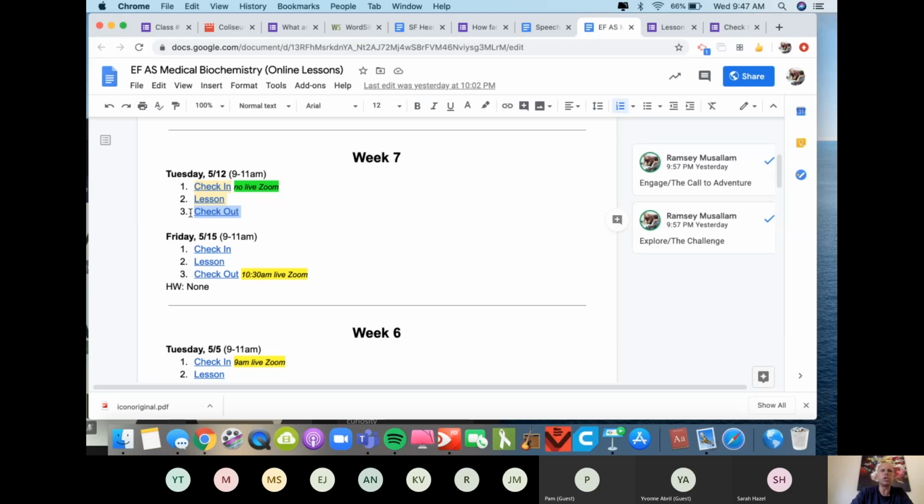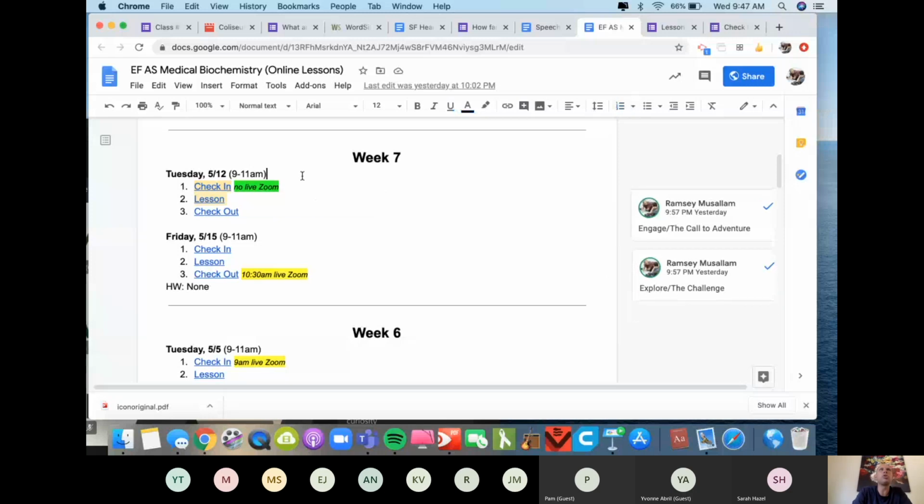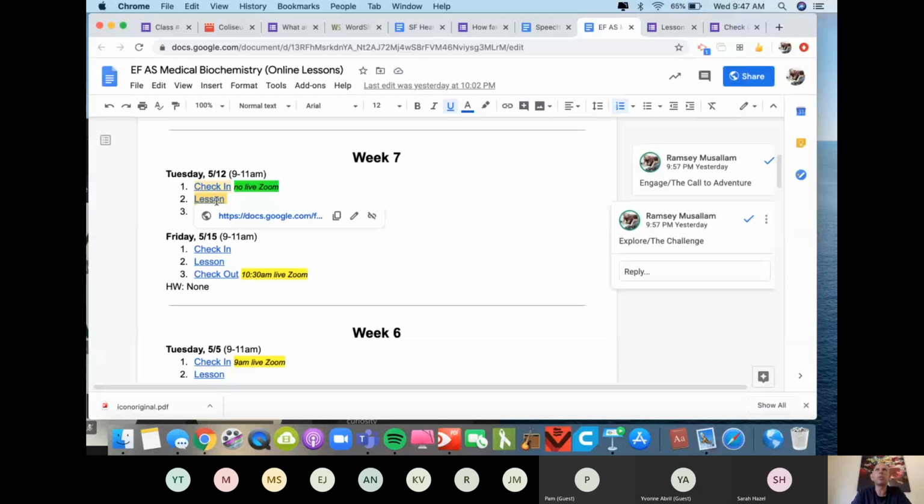I was using Zoom or just a Google form response to spark their curiosity, and then using an online simulation embedded in the Google form to challenge them, all the while using the form as an accountability measure where I can see their responses as we go through that. Does anybody have any questions about that simulation as it applies to distance learning and how I was trying to establish that learning cycle?